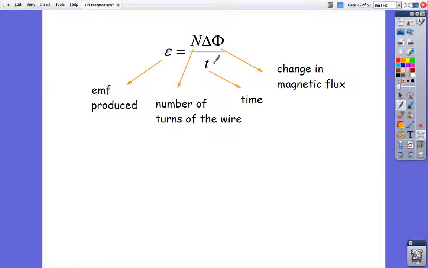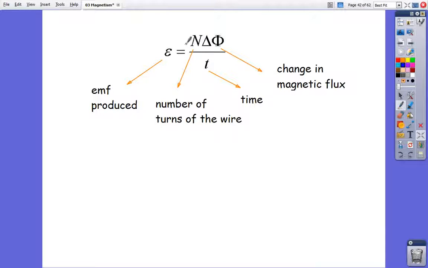So if there is change in magnetic flux over time, it will create EMF. What is N? N is number of the turns on the wire. So if you make the turn only one, you don't need this N. But if you turn the wire more than one, you need this to multiply this change of magnetic flux.